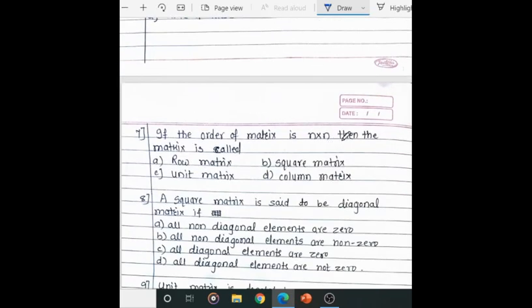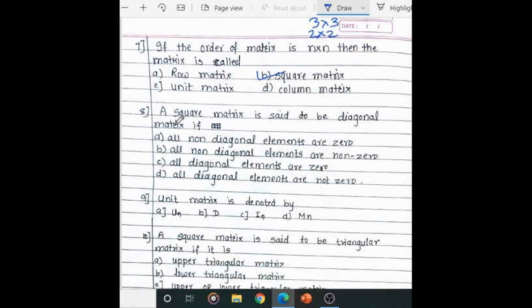If the order of the matrix is n by n, we can say this is of 2 by 2, this is of 3 by 3, so it is a square matrix. A square matrix is said to be a diagonal matrix if all non-diagonal elements are 0.